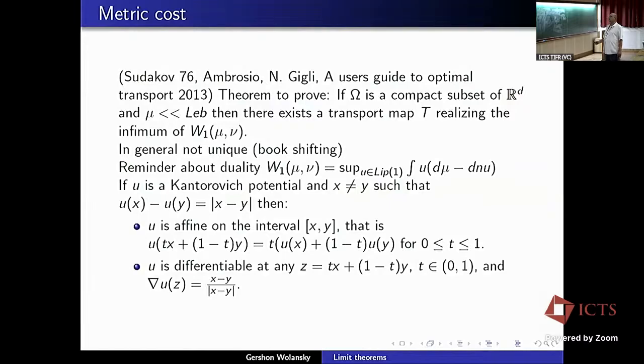All these pairs of points contain the support of the optimal transport. We know the optimal transport measure exists, and we know that its support is contained in this set of all points x, y.